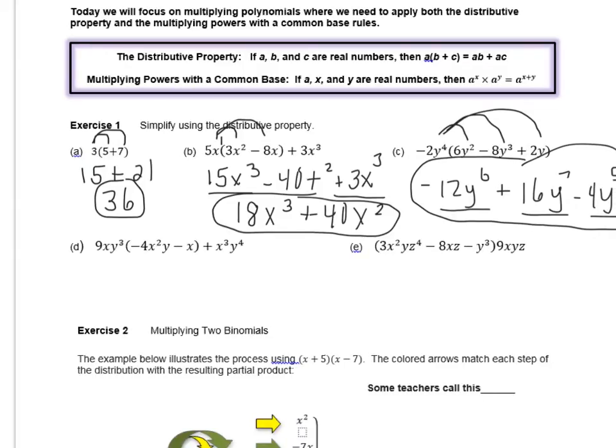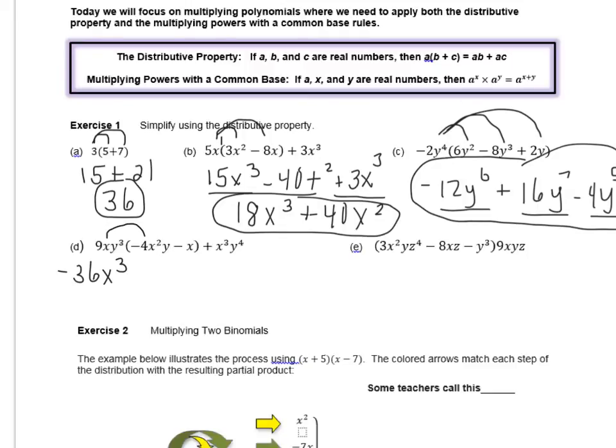Here we're going to multiply through the parentheses again and then combine like terms if we have them. First, we're going to do 9xy to the third times negative 4x squared y. 9 times negative 4 is negative 36. X to the first times x squared is x to the third.